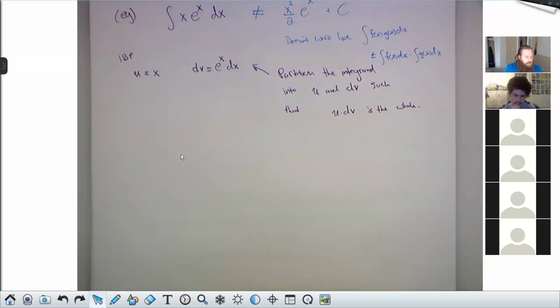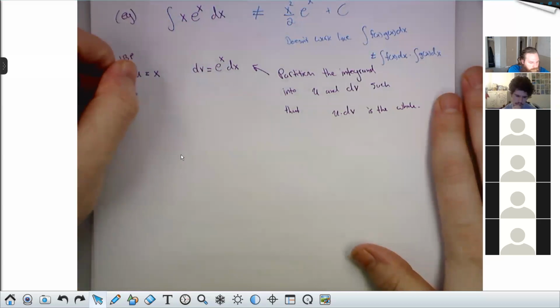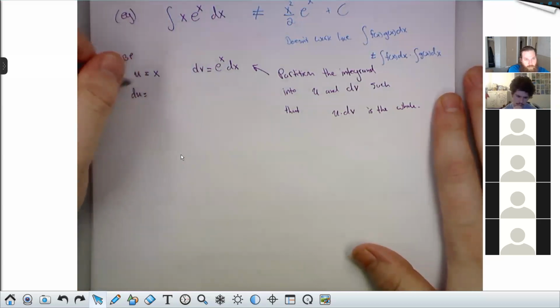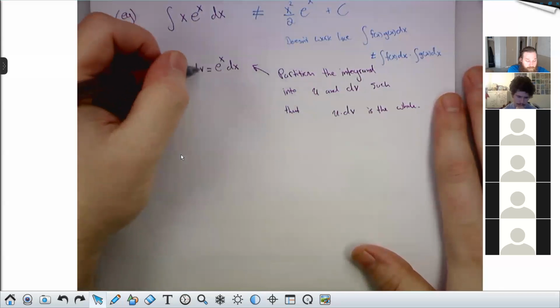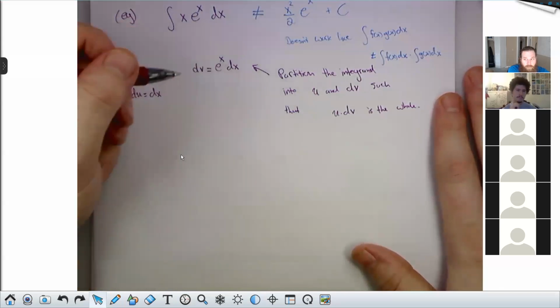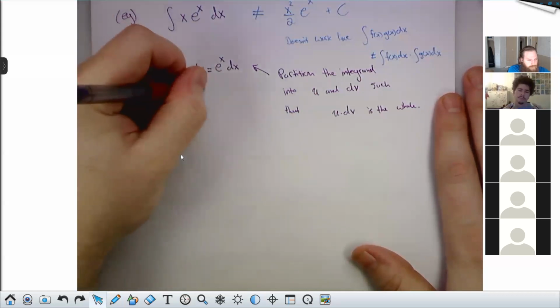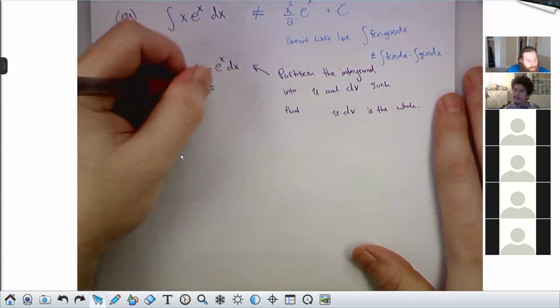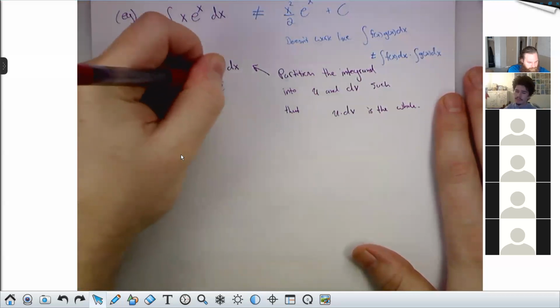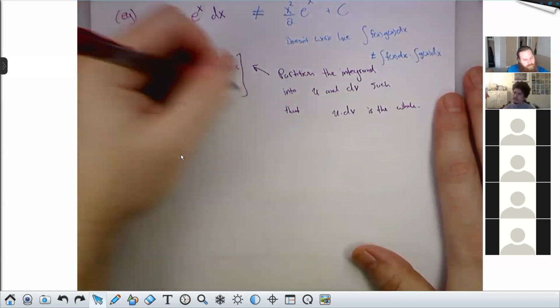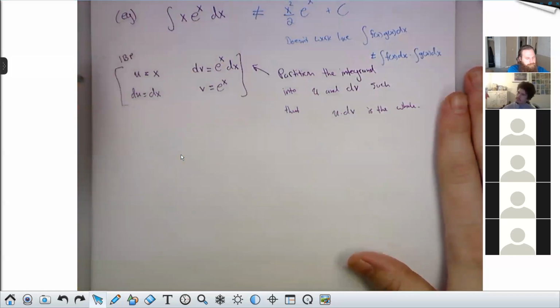Now, from u, you calculate du. That's the differential, right? So just like when you're doing a u sub, if u is x, then du would be dx. And from dv, you calculate v. Now to go from a differential back to v, you need to integrate. So the integral of e to the x dx is just e to the x.